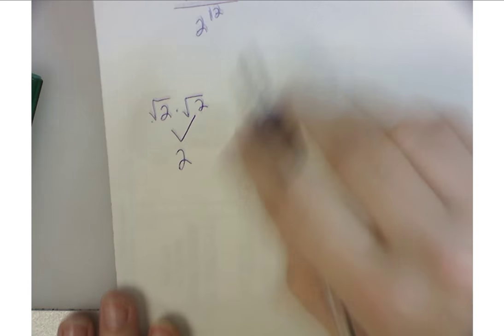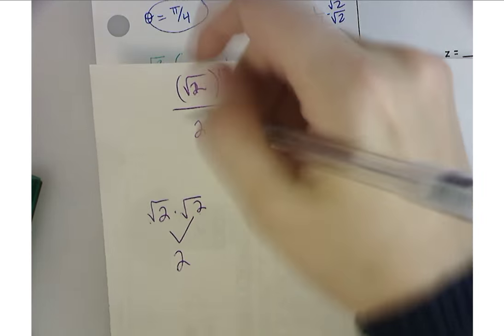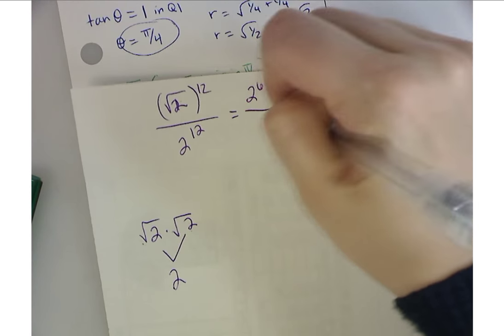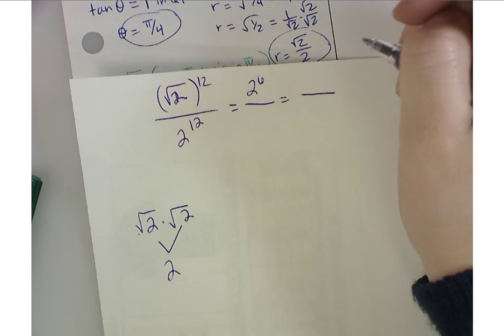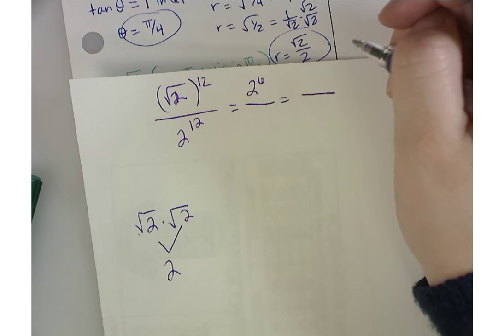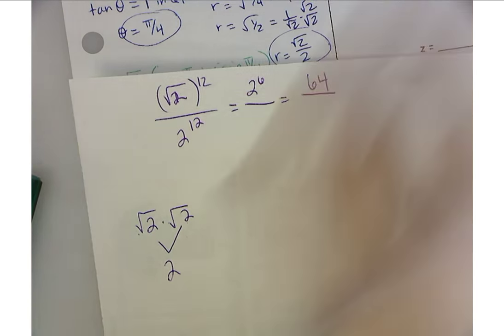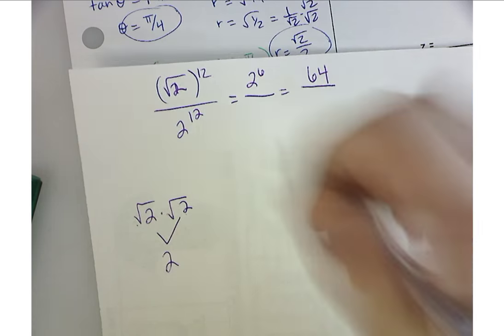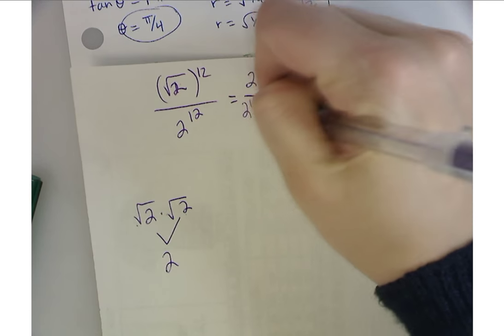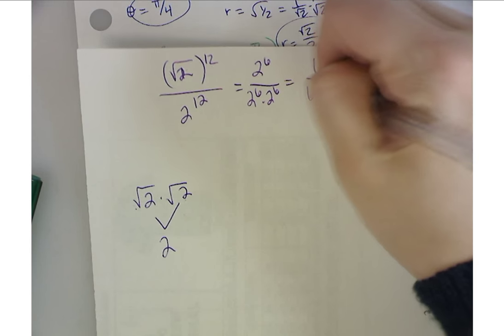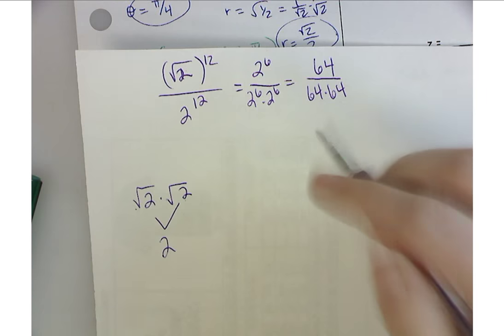How many times is that going to happen if I have it 12 times? 6, right? So on the top it would be like 2 to the 6th, which is what? Or what's 2 to the 5th? That's something you should know right away. 2 to the 5th. 32. So 32 times 2 is 64. Okay, so if I have 2 to the 12th, isn't 2 to the 12th just 2 to the 6th times 2 to the 6th? Yeah, so wouldn't that just be 64 times 64? And then what could reduce?